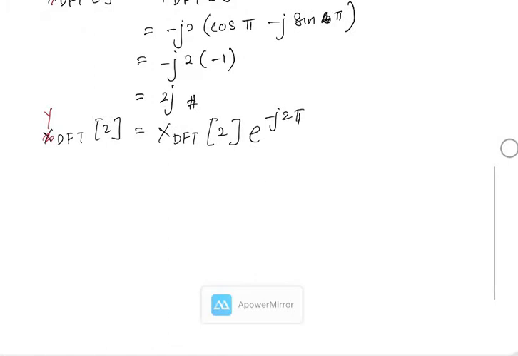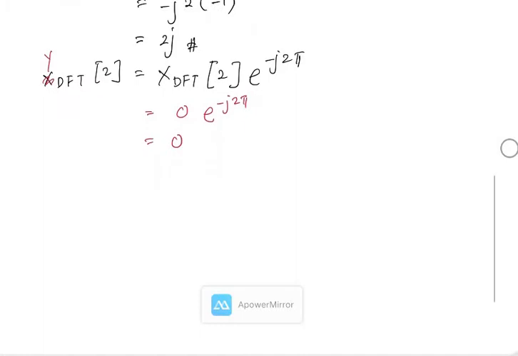Next is Y[2]. Based on the question given, X[2] is 0, and then exponent minus j 2 pi, so this will give you 0. And next is Y[3], equal to X[3] exponent minus j 3 pi.